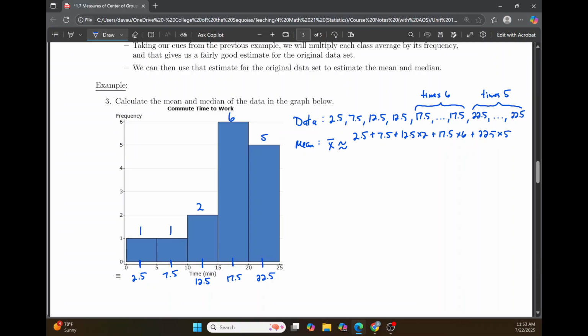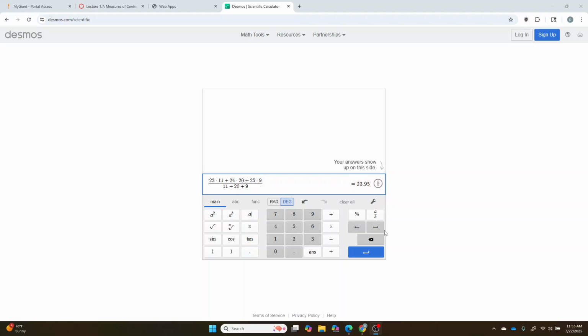And then we can punch that into our calculator. Give yourself a little fraction bar, and then we do 2.5 plus 7.5 plus 12.5 times 2 plus 17.5 times 6 plus 22.5 times 5, arrow down, and then 1 plus 1 plus 2 plus 6 plus 5.